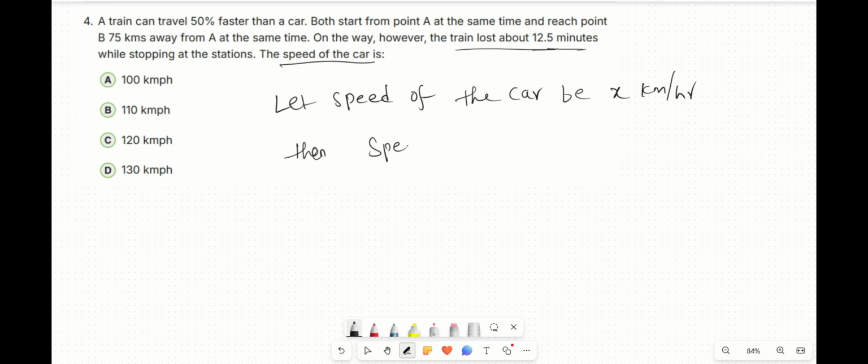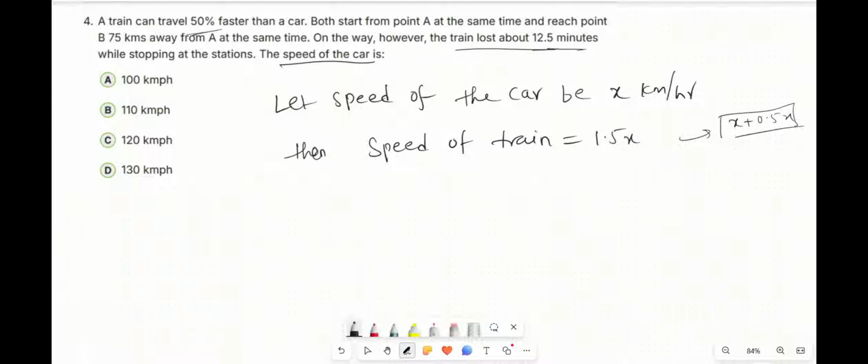Then the speed of the train, since the train can travel 50% faster, is 1.5x. How did we get this? We got x plus 0.5x. That's why it's 1.5x.